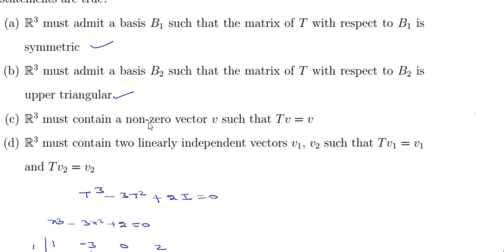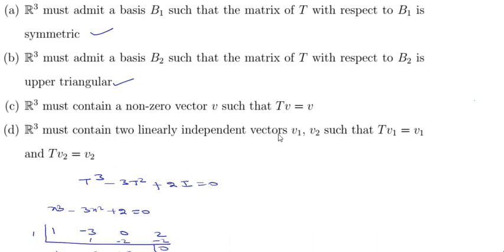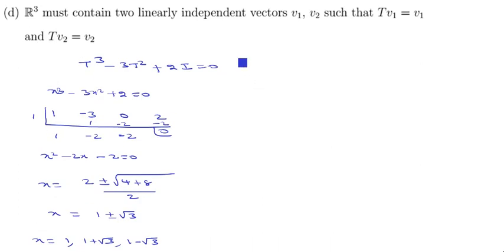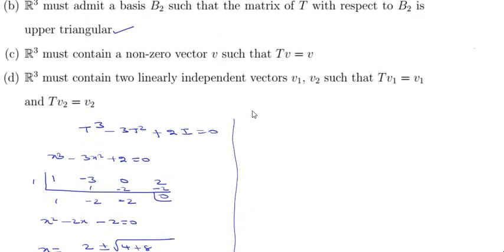R3 must contain a non-zero vector V such that TV is equal to V. We will check whether this is satisfied or not. Suppose we take T equal to the matrix 1 0 0, 0 1 minus root 3, 0, 0 0 1 plus root 3.